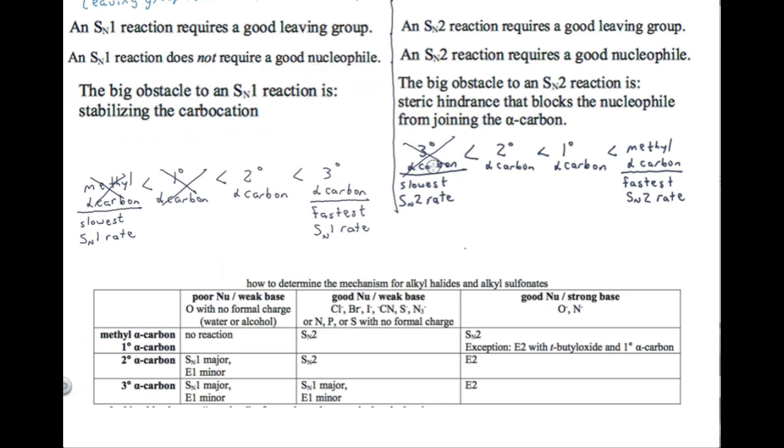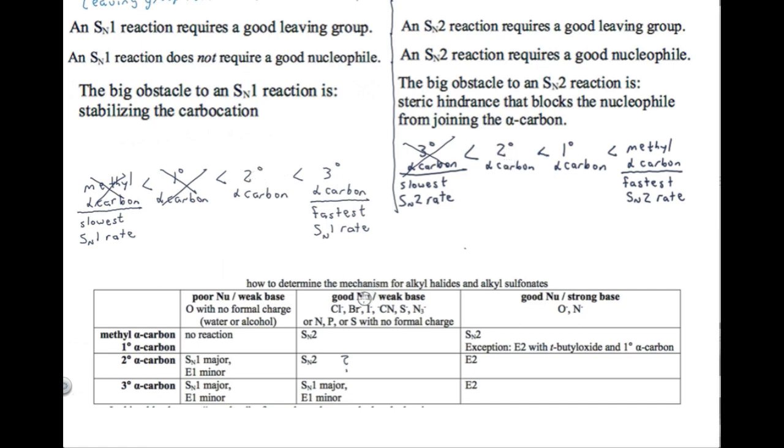It's good to know these rules. They help you to understand the table better. But these rules are not a reliable way to always figure out the correct mechanism on exam problems. Instead, you should memorize this table and use this table. For example, these rules would not tell you what happens in this cell. We know that a secondary alpha carbon can do an SN2, but we also know that a secondary alpha carbon can do an SN1.